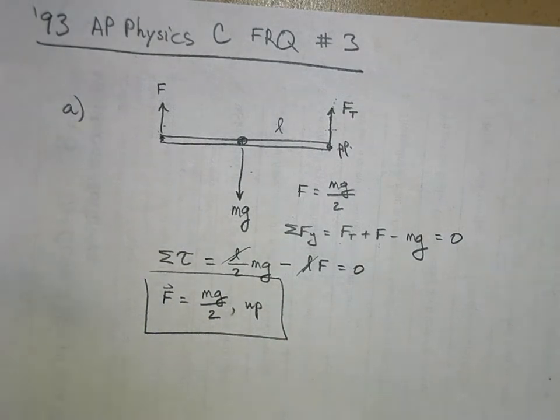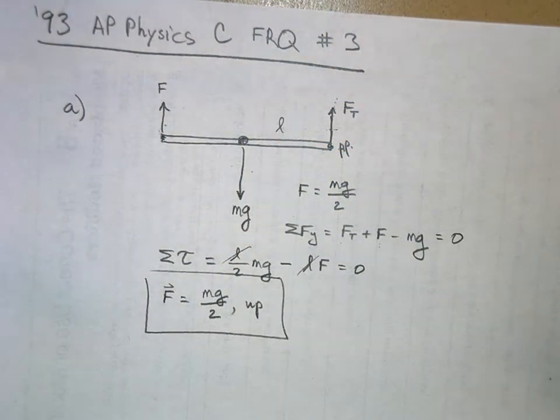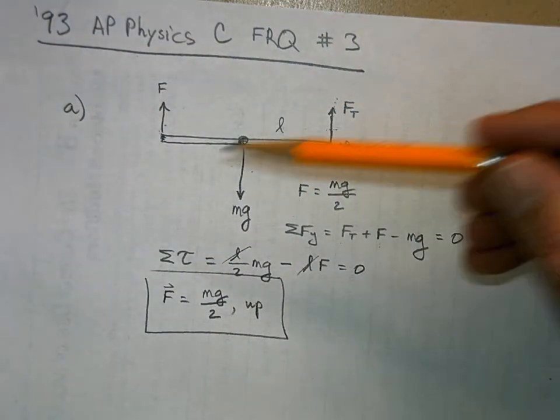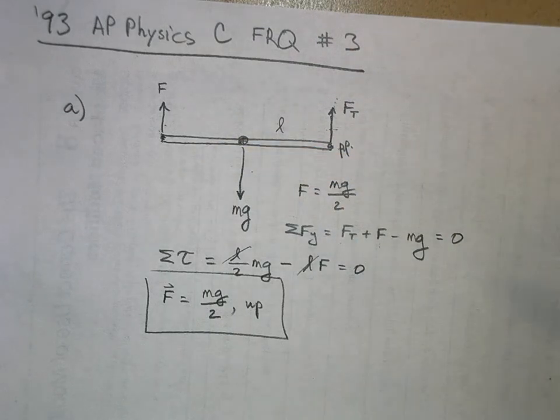Well, probably not if you actually drew a picture of it, but you have to give them some indication that it's up, because it could be down. I mean, it's not going to be down. It's up. Or it could be to the left, or up and to the left. So tell them the direction.